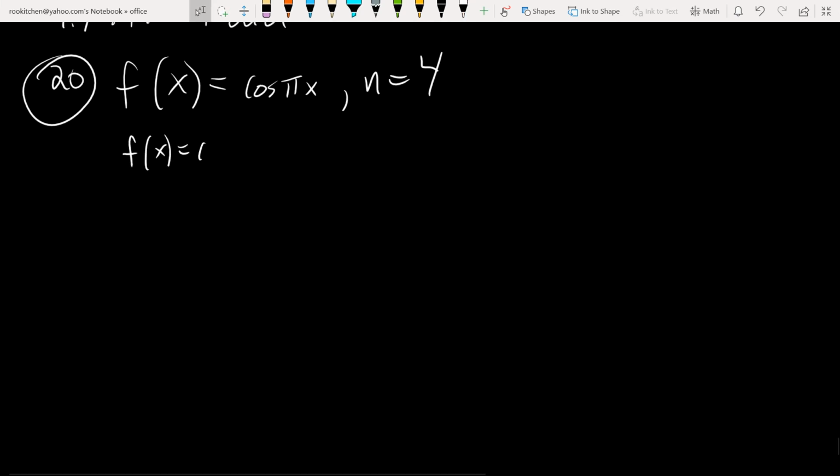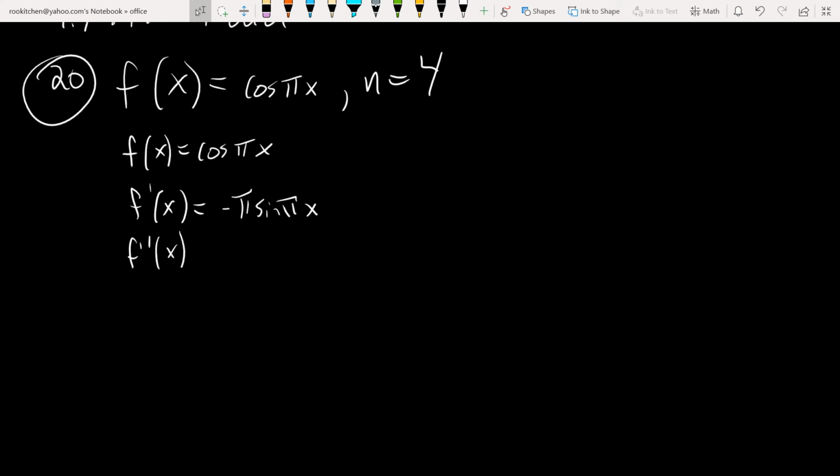So f of x is cosine pi x. F prime of x, it's been so long since we've done derivatives, right? So negative sine of pi x, but then with the chain rule, I have to multiply by pi, right? So f double prime of x is negative pi cosine pi x, but then I have to multiply by another pi, so that's negative pi squared.